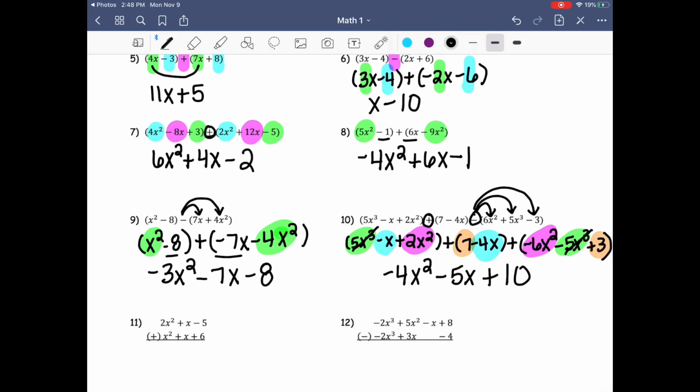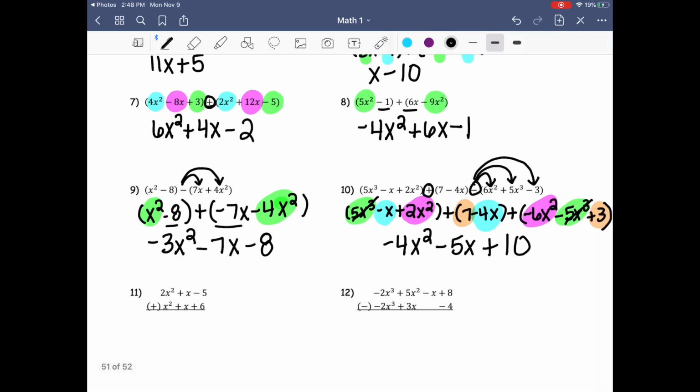Now, for 11 and 12, these are actually set up horizontally, so it's like adding when you did basic addition with regular numbers without variables. The only thing that you have to be very careful of is you have to make sure your variables of like terms line up correctly. So x squareds are always in a column together. My x's are always in a column.